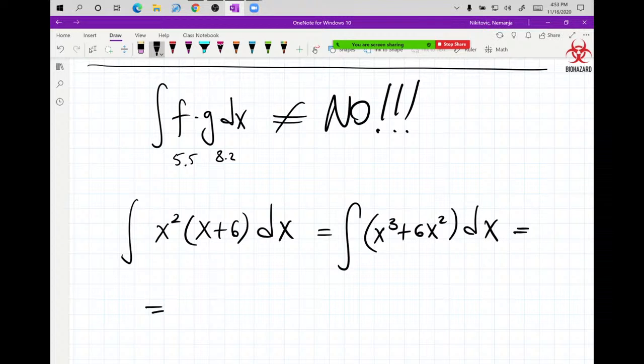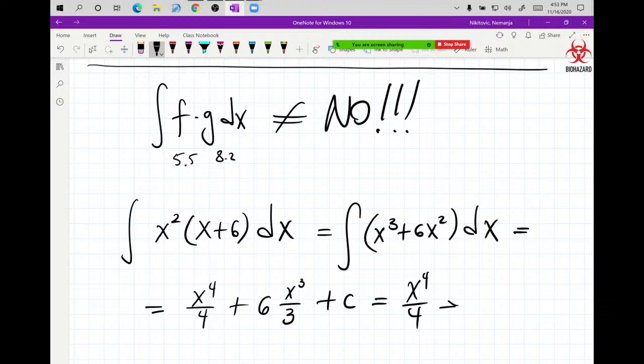And then you are going to say, okay, it's x to the 4 over 4 when I add 1, plus 6 times x cubed over 3 when I add 1, plus c. And then you just cancel what you can, which gives you 2x cubed plus c, and you're done.